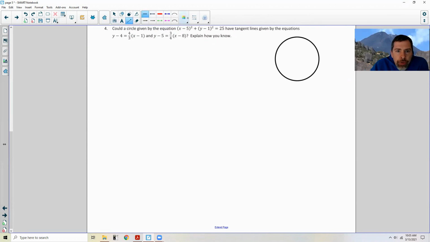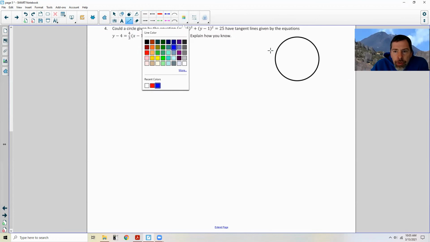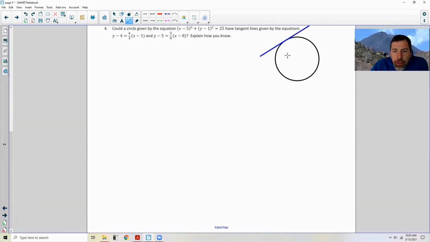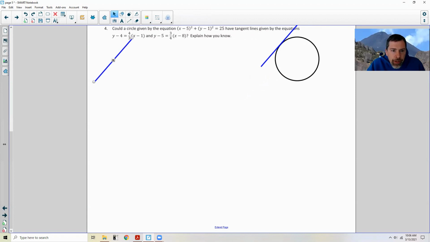So if I drew an approximation, all I'm concerned about is that we have a positive slope. So it's a little more than a slope of 1. So what does 1 look like? Slope of 1 looks kind of like that. So just a little bit more. How about that? Okay, 1 1/3. And then we're going to have another one on the other side, like so.